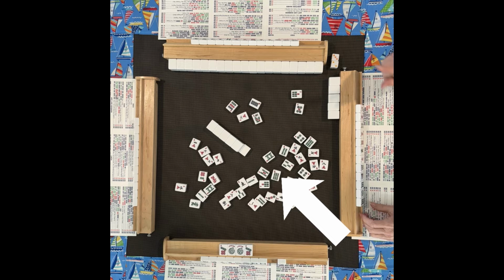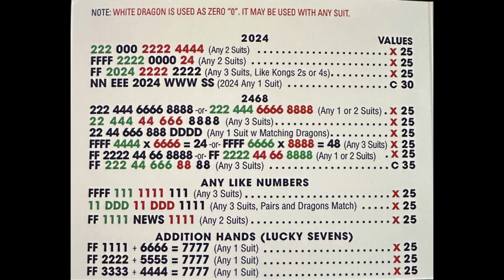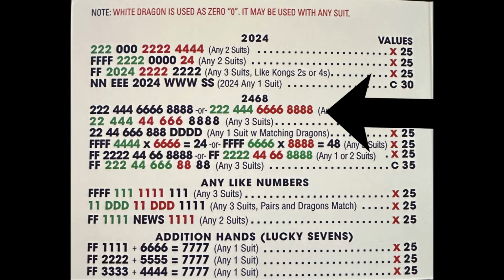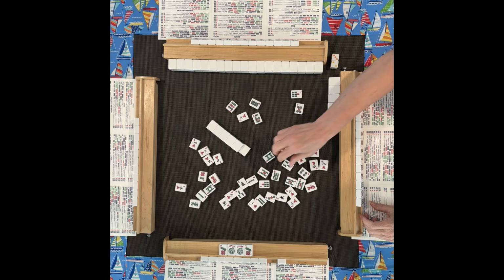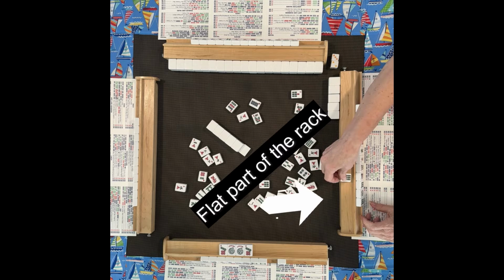Here you will see another player has discarded a 6BM. You have your eye on a hand that requires a 6BM, and you are ready to commit to that hand. You must verbalize your call by saying any of the following: call, I'll take it, I want it, and then you pick up your tile and place it on the top flat part of your rack.